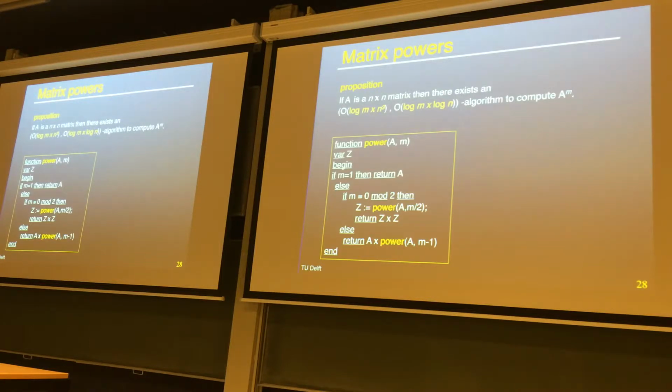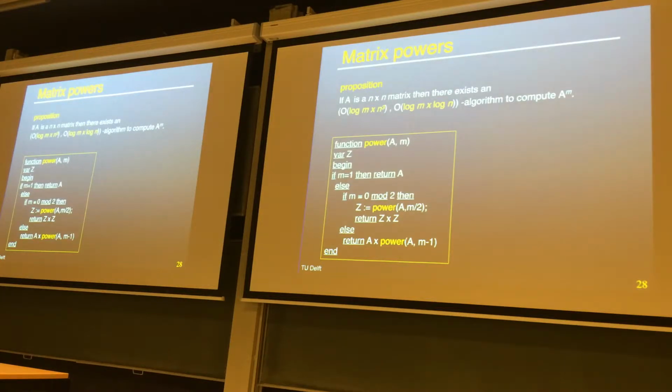If you have a number and you have to find its nth power, then you can apply a very easy recursive algorithm that first tries to come up with the result not for n but for n divided by 2. If you have the result for n divided by 2, then you can find in the next step the result for n.